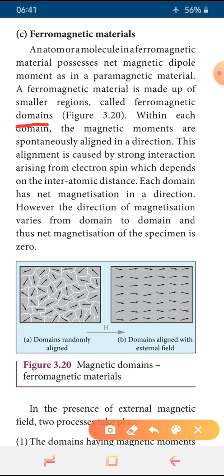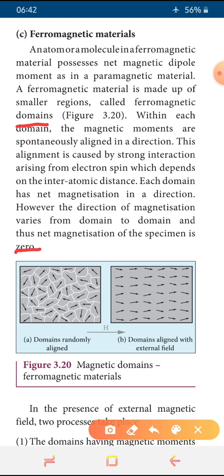Before that, we'll see how it acts without a magnetic field. Without a magnetic field, the net magnetism of this ferromagnetic specimen is nothing but zero. Without any external magnetic field, the domains have a net magnetization of the particular material equal to 0.